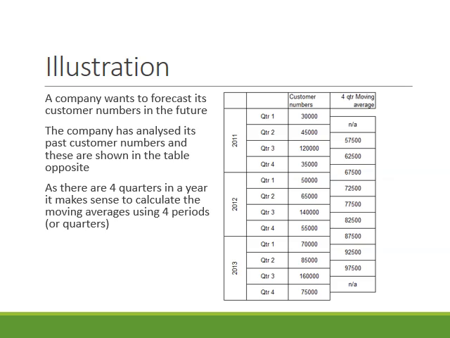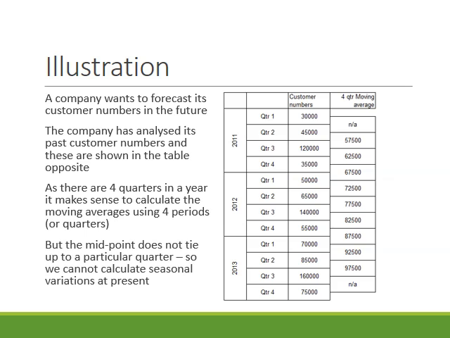So we can calculate the rest of the 4-quarter moving averages, and we could look at that and establish a trend for the data, but we're going to have difficulties in calculating seasonal variations. So this is the problem that we have to address.